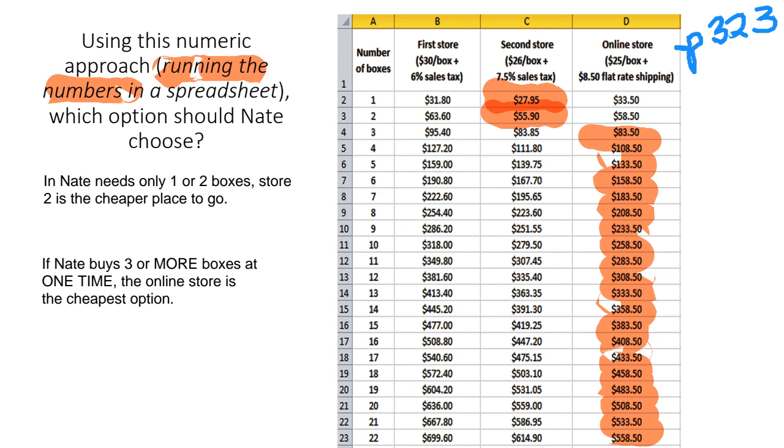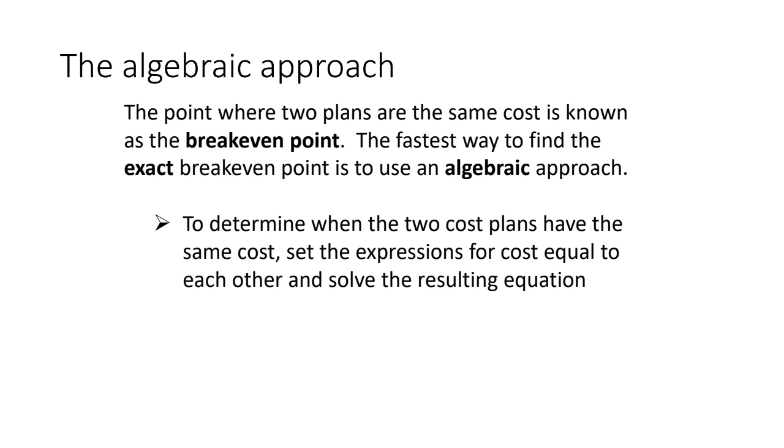Now, we're going to introduce you to the algebraic approach. This approach is going to show you when 2 plans, and we're only going to look at 2, are the same cost. This is my break-even point. Notice vocabulary. Break-even is when my 2 plans have the same cost.